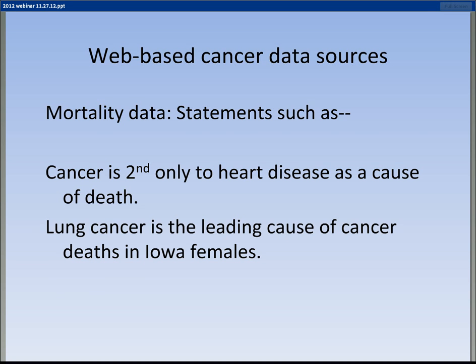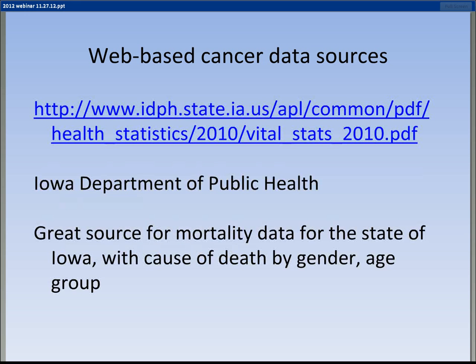The best source that I've found for that is the Iowa Department of Public Health. I have the website listed there for you on the slides. It's a great source for all mortality data, including cancer. It also gives cause of death by gender or particular age group.